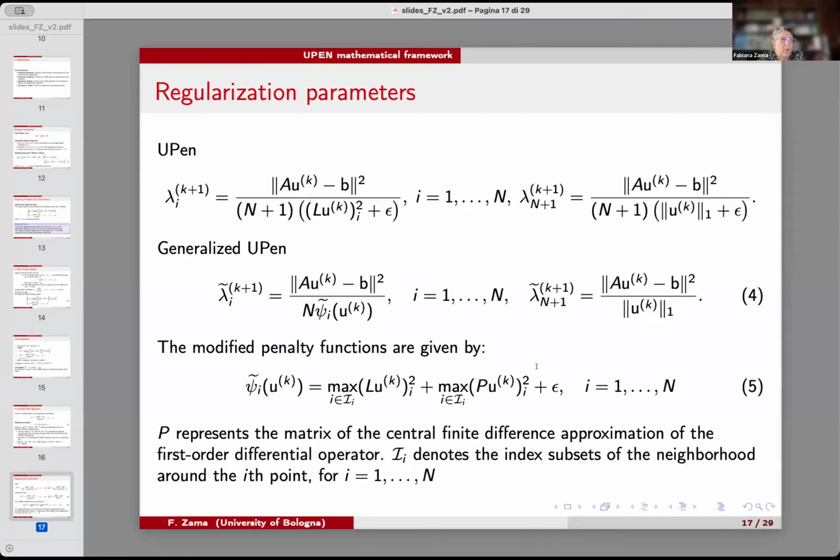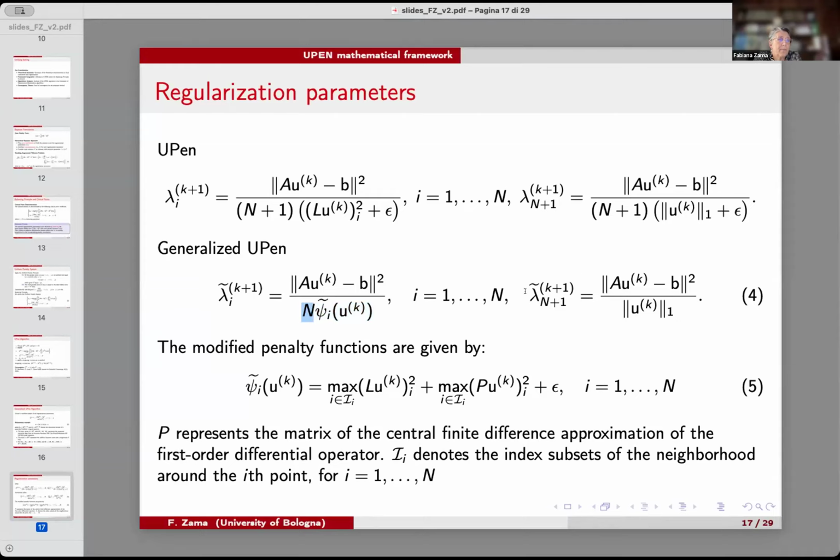So we modify the regularization function for finding the optimal value of the lambdas, and we have this y tilde here, and we are modifying them. Consider that we are using only n and not n plus 1. We are ignoring the last one.